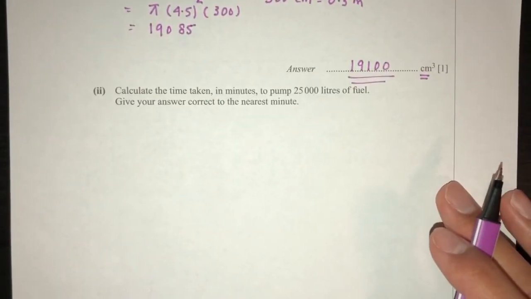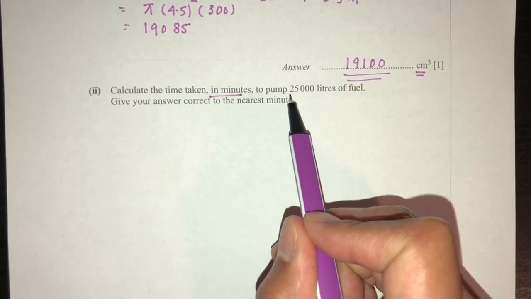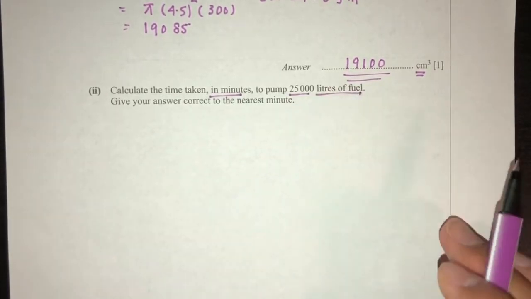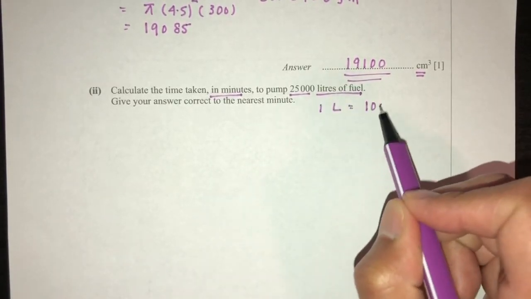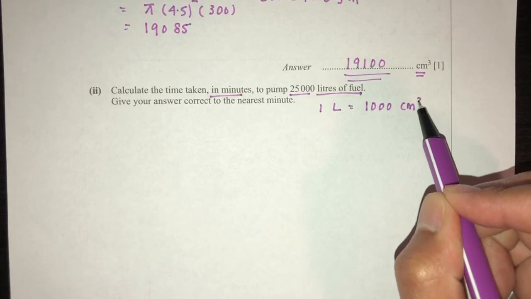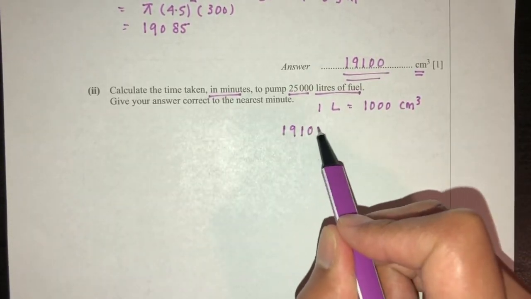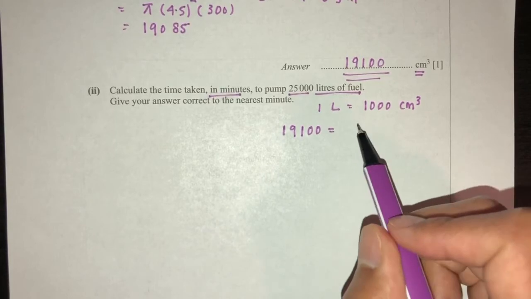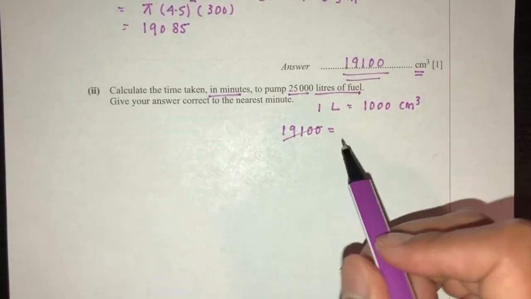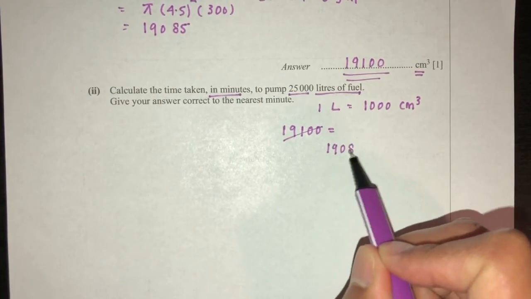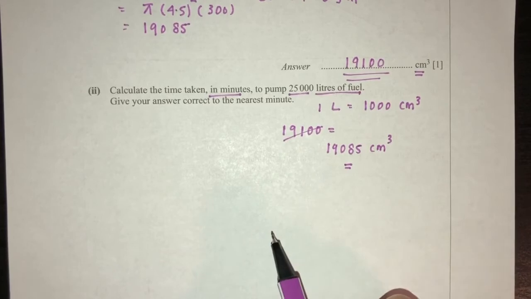Now part 2, calculate the time taken in minutes to pump 25,000 liters of fuel. So as we know, 1 liter is equal to 1000 centimeter cube. I think we should use the exact value. Let's do that. 19,085 centimeter cube.